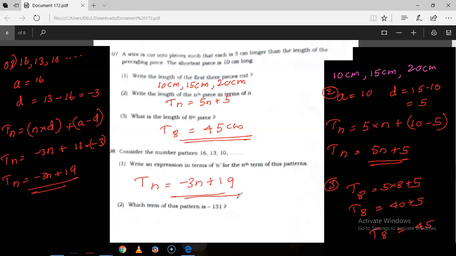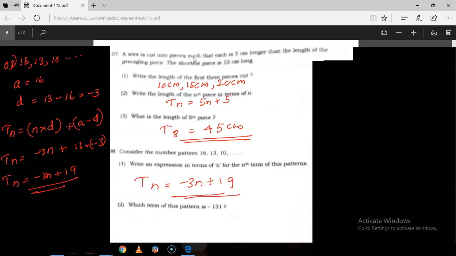Which term of this pattern is minus 131? So I'll clear this side. Tn equals minus 131, so you can write minus 3n plus 19 equals minus 131.